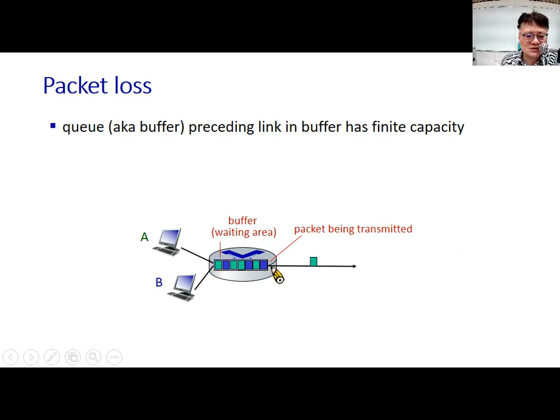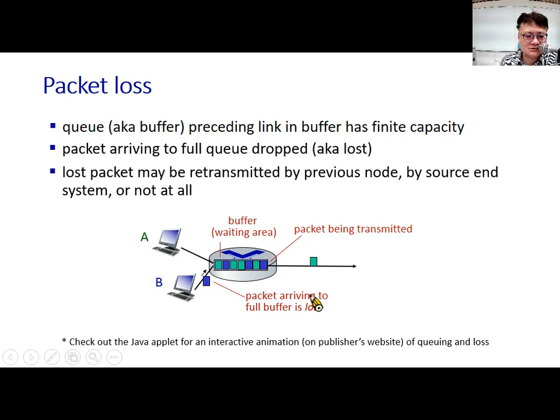The packet being transmitted goes out, and the others wait. So it's based on the output traffic and queuing, the waiting and congestion of the traffic. If the link can transmit, the packet is sent out.